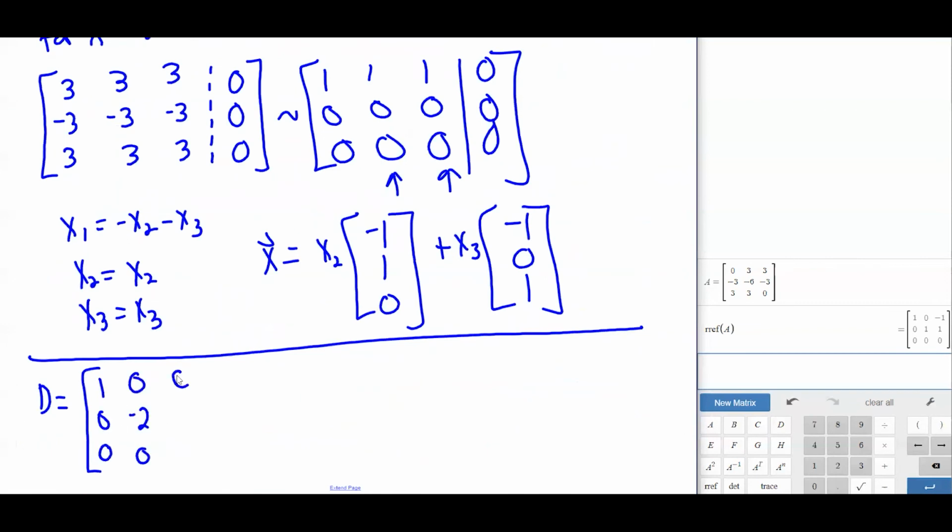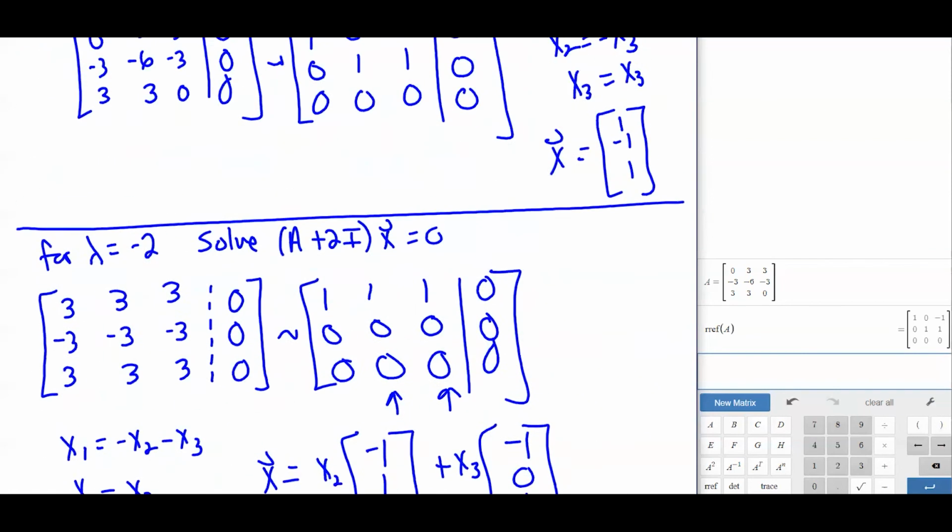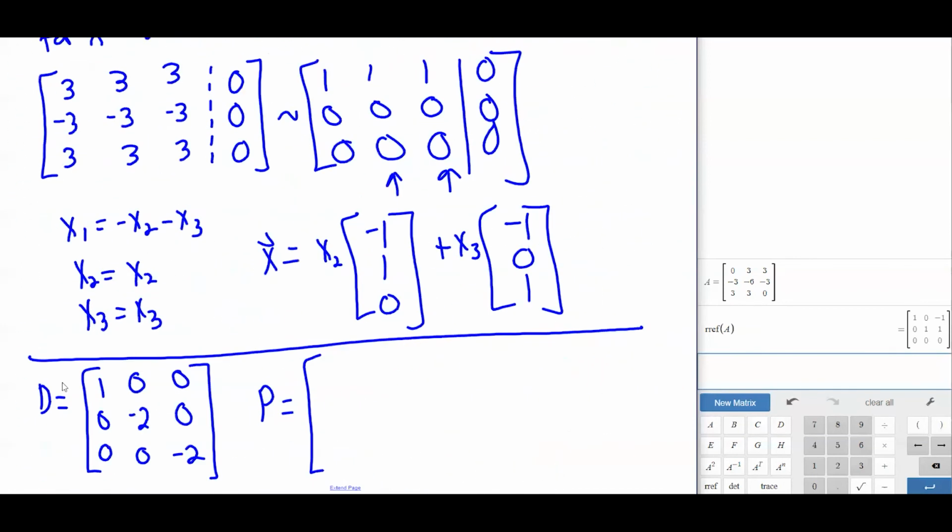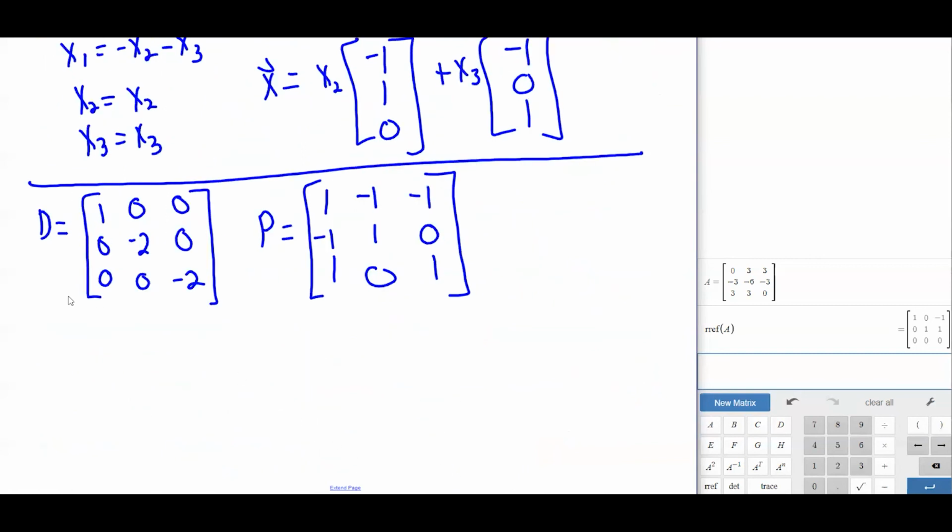So if you have multiplicity 2, you're going to have to repeat that eigenvalue in your diagonal matrix. And for the matrix P, I just have to make sure that I put the eigenvector for lambda equals 1 first. So 1, -1, 1 has to go first. The other 2 for -2, it doesn't matter what order they go in as long as they're second and third. Right, so there is my matrix D and my matrix P to use in diagonalization.